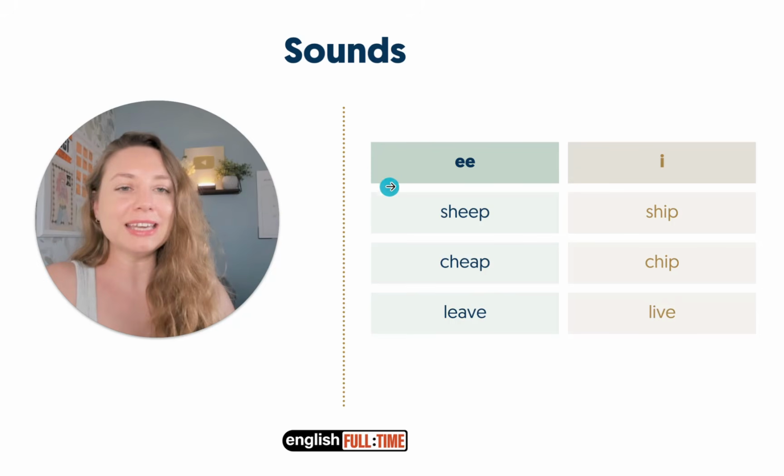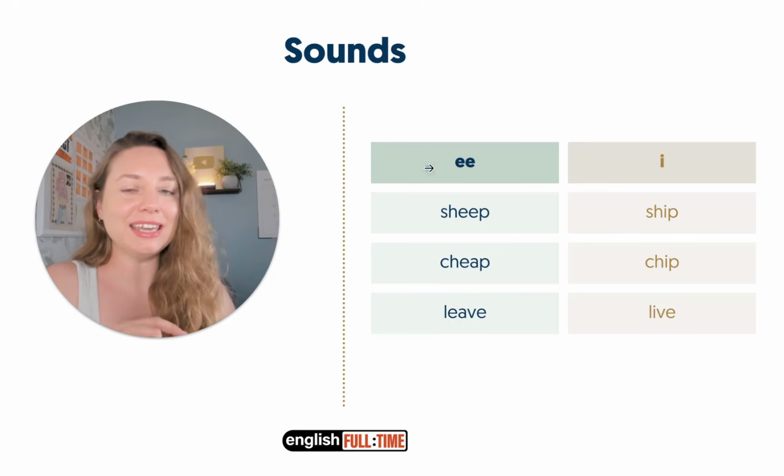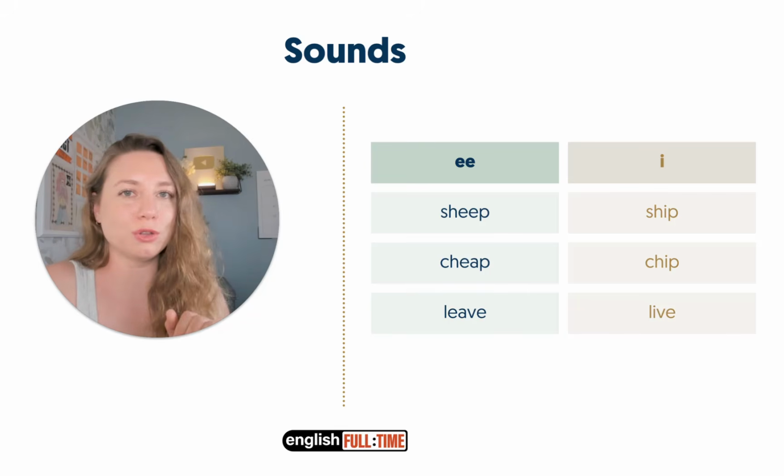Now, the other thing, this sound, E, in English, it travels a little bit. It glides a little bit. It's not super pure. Listen. E, E, E. Your tongue actually shifts ever so slightly, and it gets closer to the roof of your mouth as you travel through the sound.